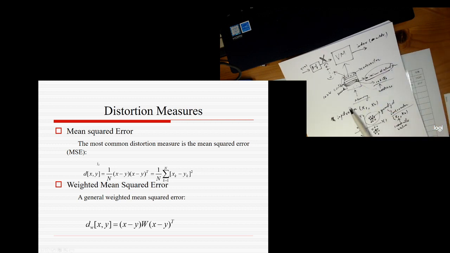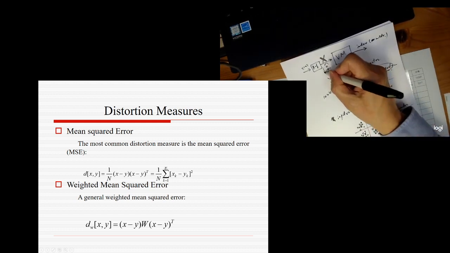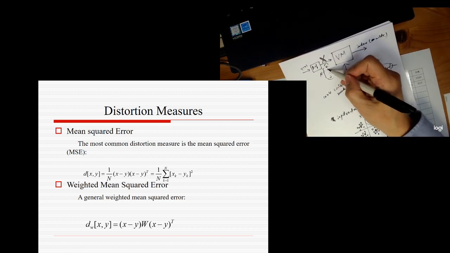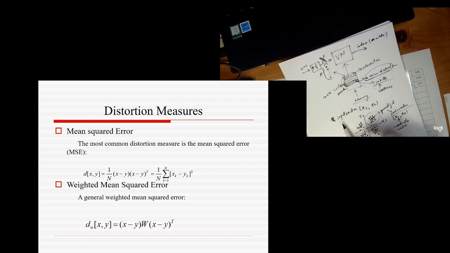This shows you we have two vectors. Y is inside your code vector, and S is your input data, the input vector. For example, your vector dimension is n, so the code vector has n components.